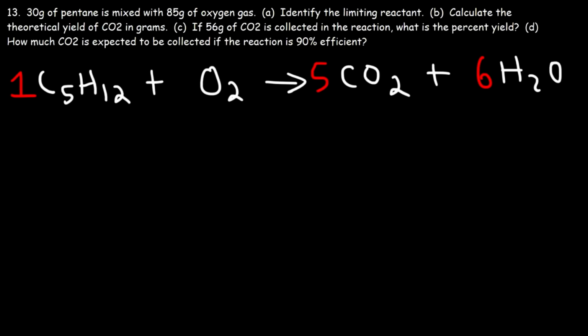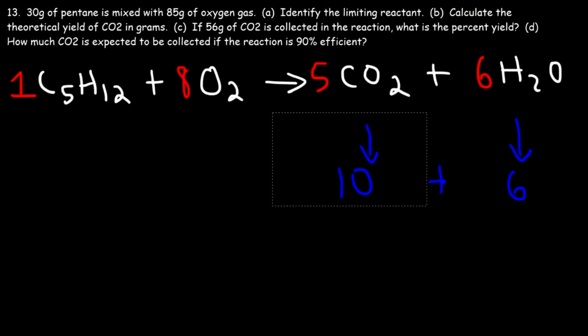Next, count the total number of oxygen atoms. In 5 molecules of CO2, we have 10 oxygen atoms, and in 6 molecules of water, we have 6. 10 plus 6 is 18. I mean, not 18, that's 16. Definitely not 18. And so 16 divided by 2 is 8. So now, the chemical reaction is balanced.